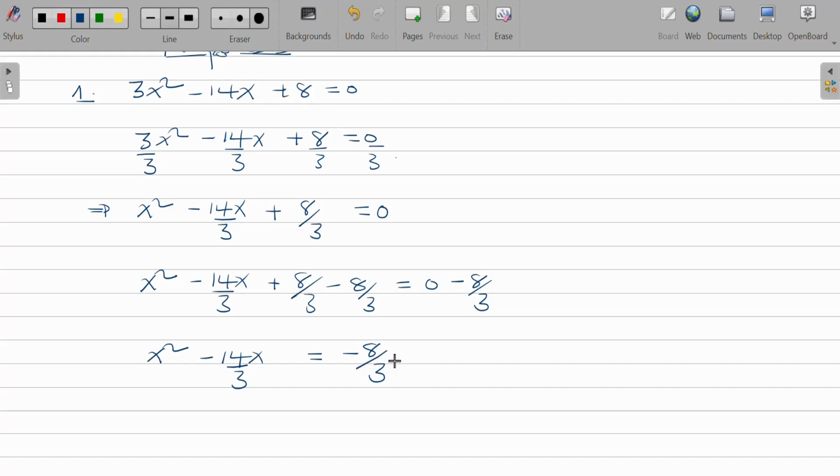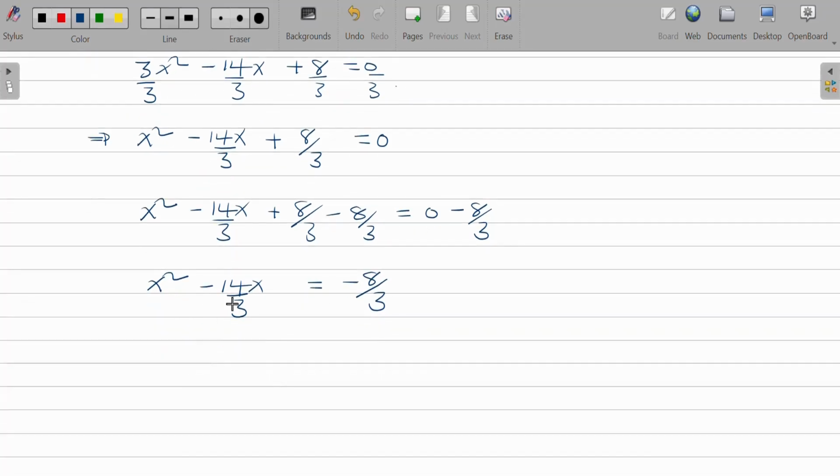So now on the left hand side we are going to complete the square. We have x squared minus 14x divided by 3 equals negative 8 divided by 3. We add half of the coefficient of x, that is negative 14 divided by 3 times 2, squared, and we do the same on the right hand side.